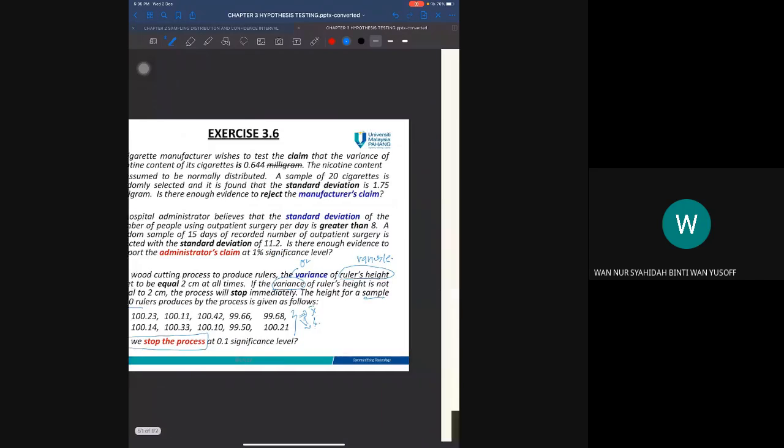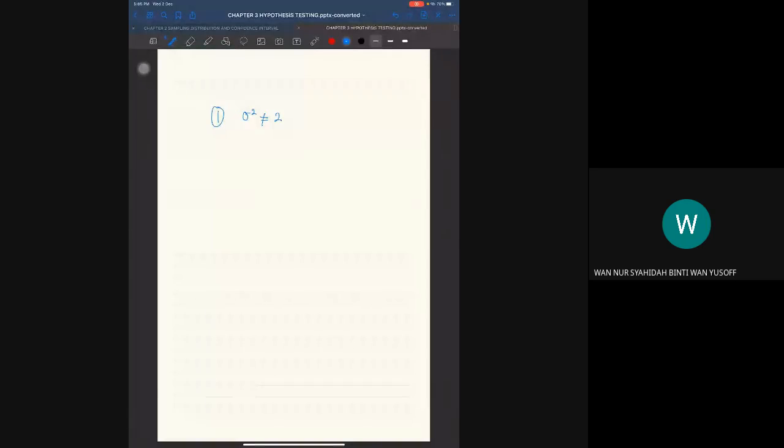If the variance of the ruler height is not equal to 2, so it is clear that the condition that we have in order to stop the process is variance. So automatically the parameter is sigma square. So sigma square is not equal to 2. H0 or H1? H1.